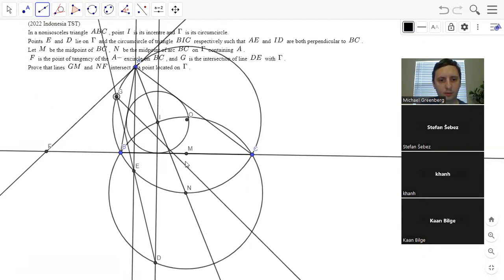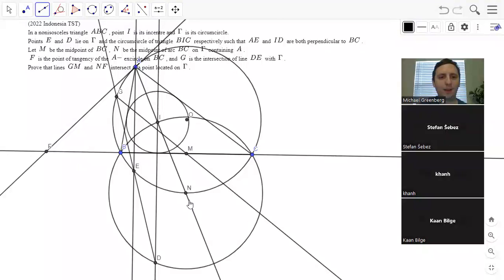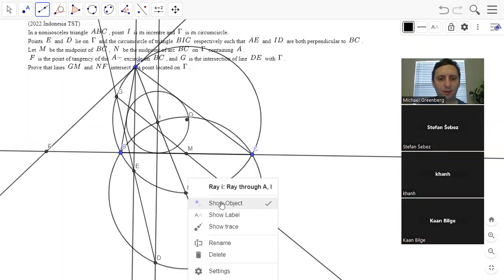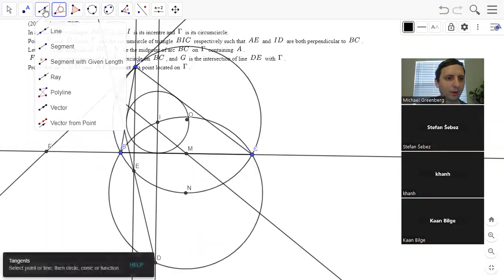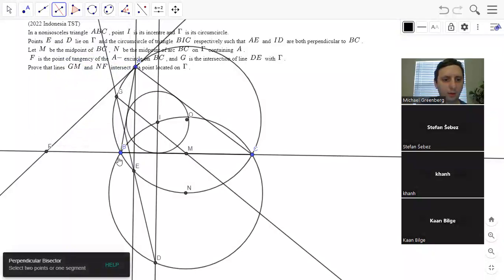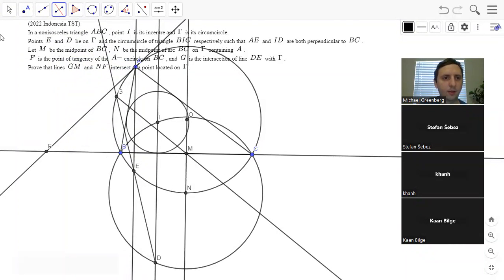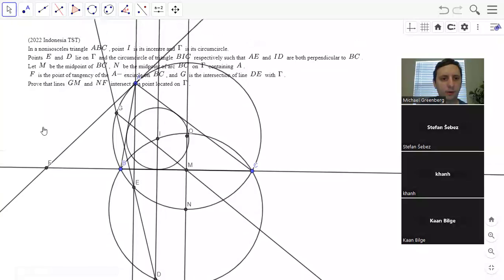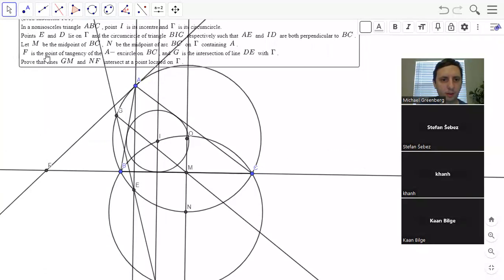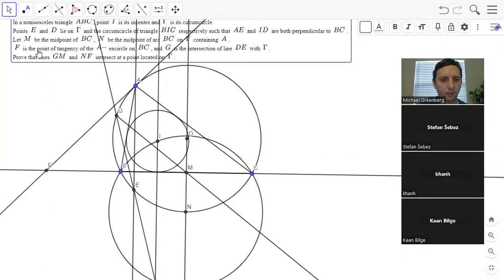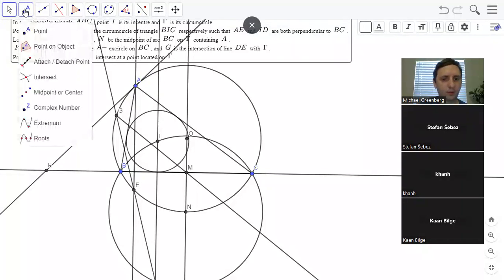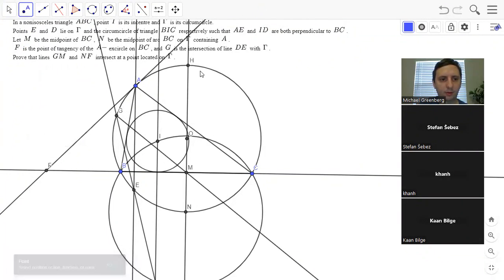Okay. But it's the midpoint of the arc containing A. Whoops. I'm not doing so great today. So this is the real N. I think I still might be missing something because that still doesn't look true.